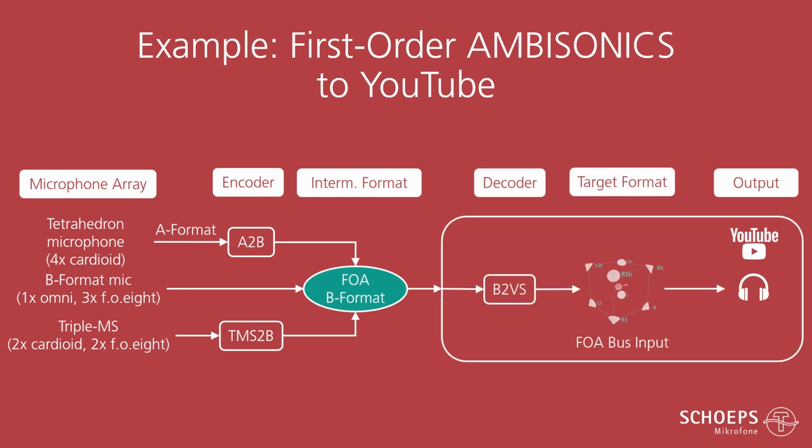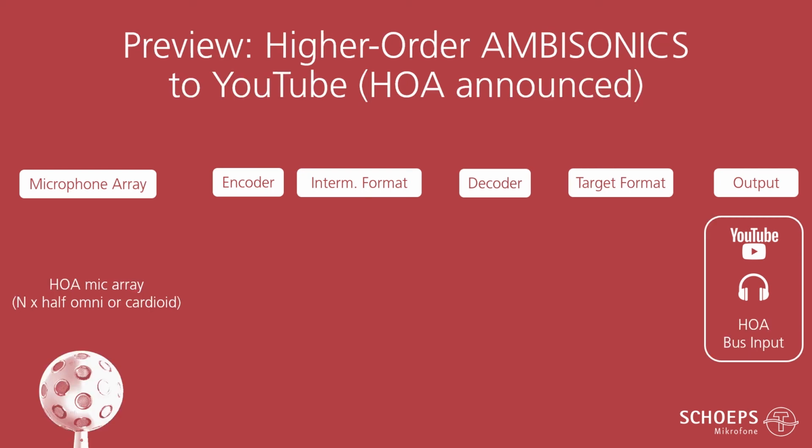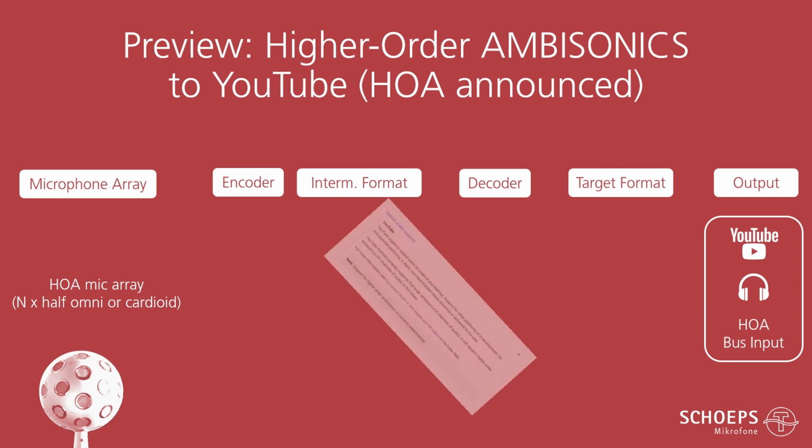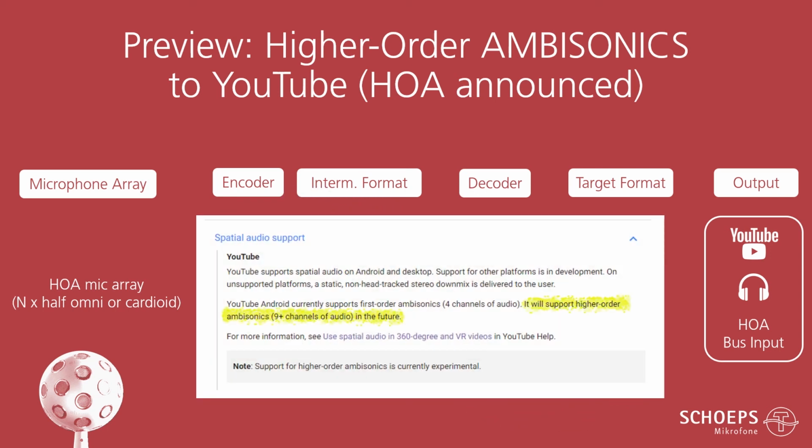What YouTube does internally is again the same as before. It decodes to virtual speakers, and those will be binauralized individually. So again, also here we have those virtual speakers actually. For higher order Ambisonics to YouTube, this is now a preview because it's not yet there actually. YouTube says that it will support higher order Ambisonics, 9+ channels of audio, in the future.